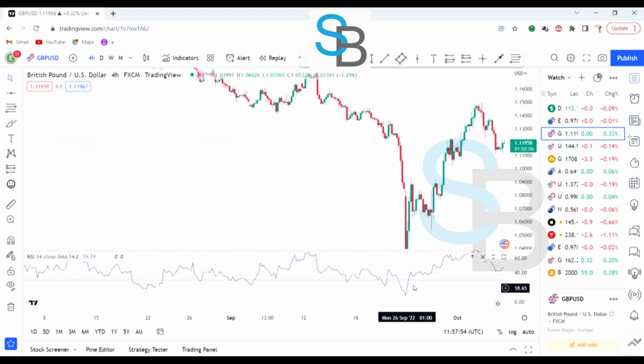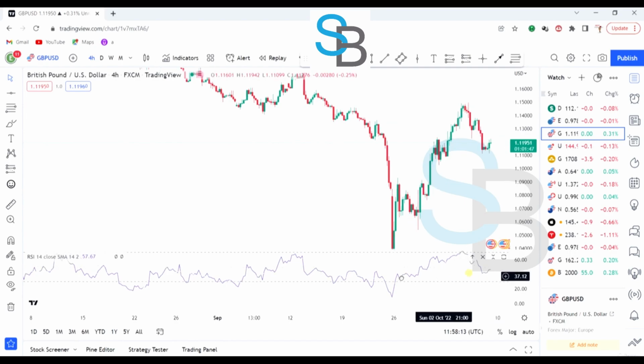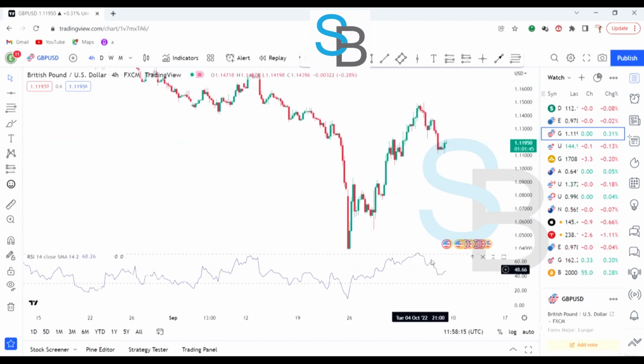Likewise, for buying opportunities, at levels like this where the market has crossed below the 30 level and then gone down like this and even starts crossing above.